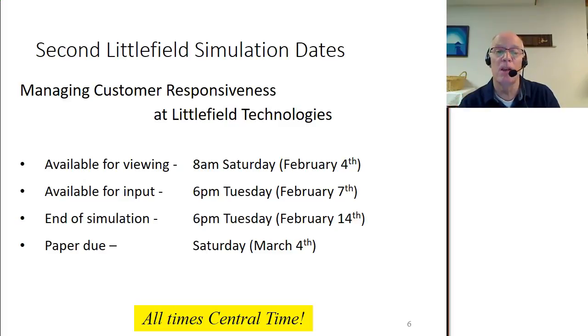And then 6 p.m. on Tuesday, I'll flip the switch, and then you'll be able to do changes. So until then, everything is frozen at 50 days. So you'll have 50 days worth of data. You can go and look through, do your analysis, do your forecast, what have you. And then on Tuesday at 6 p.m., starting at that point, you'll be able to make changes. Make updates, buy machines, sell machines, whatever.